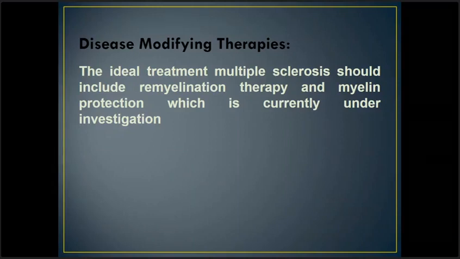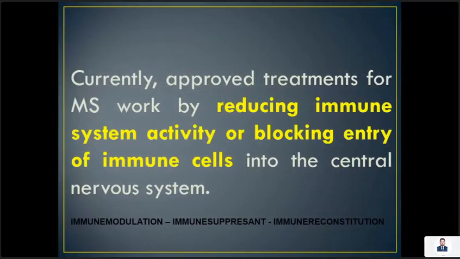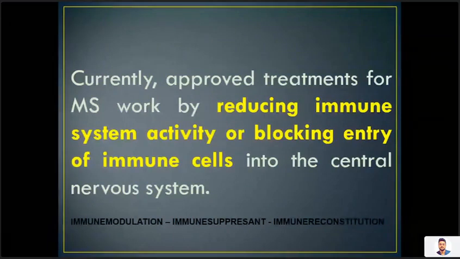But currently, this ideal treatment is under investigation and not used at the clinical bedside. Currently, approved treatments for MS work by reducing immune system activity or blocking the entry of immune cells into the central nervous system.